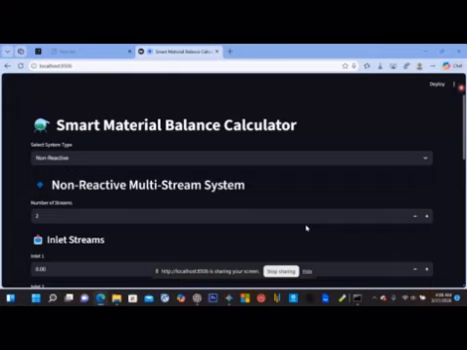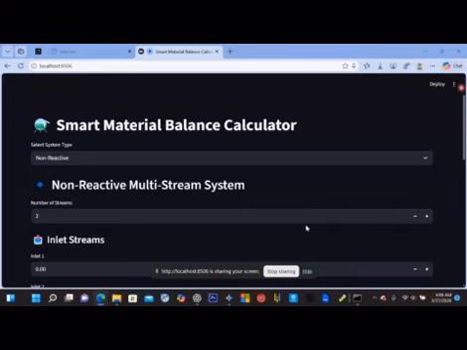So how was this Smart Material Balance Calculator developed? We can call it something like a simulator. It was built using the Python language and leveraging it with Streamlit to create a clean, interactive web interface that anyone can open on the web, for an enhanced graphical user interface.